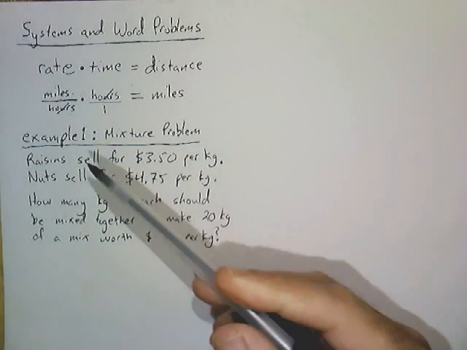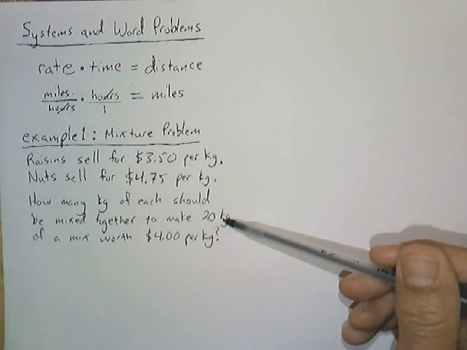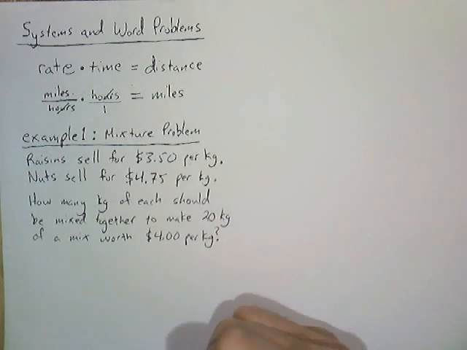So we want to know how many kilograms of raisins we're going to need and how many kilograms of nuts we're going to need to mix together. So we get 20 kilograms, and that mixture is going to be worth $4 per kilogram.